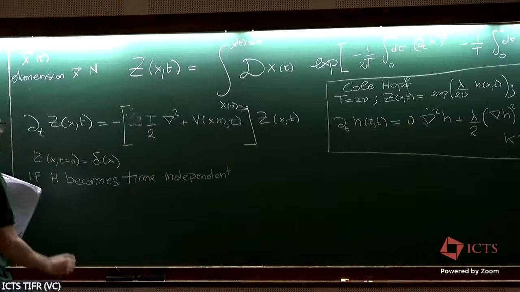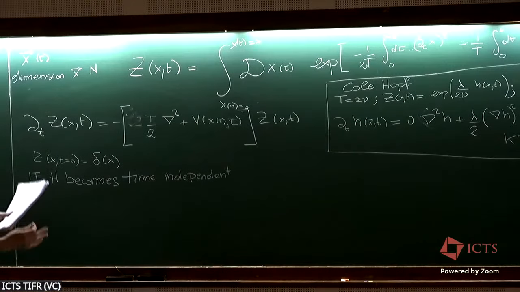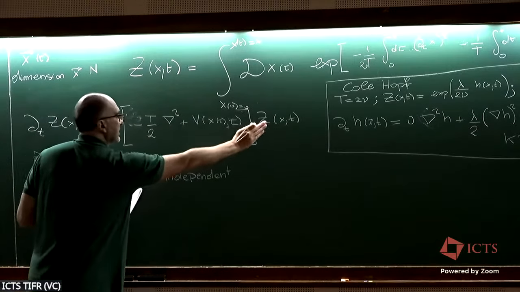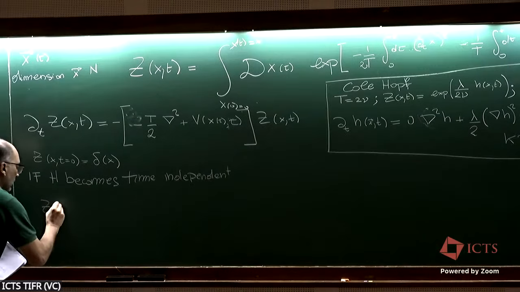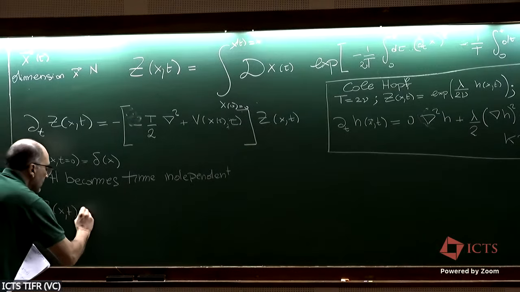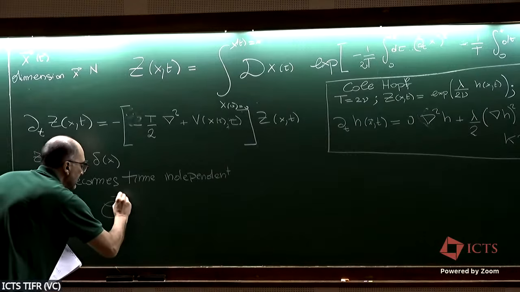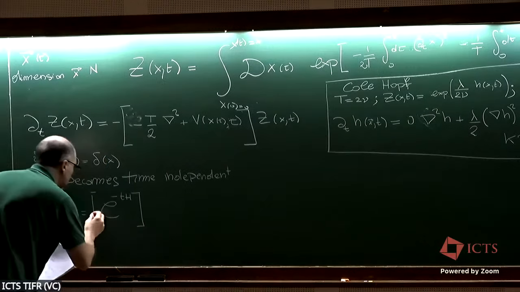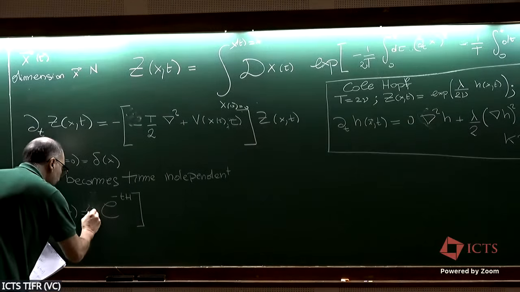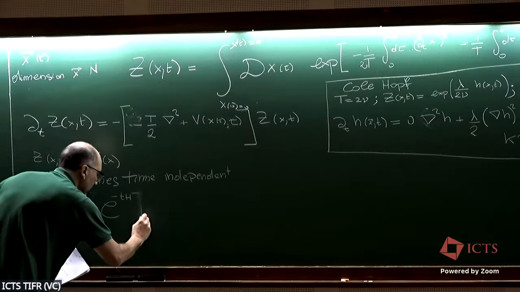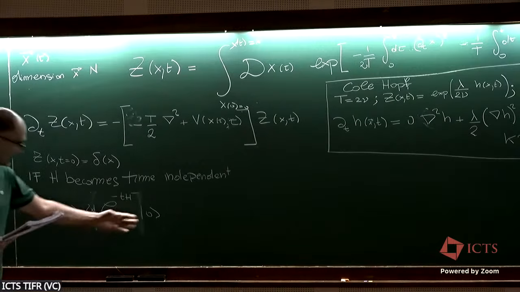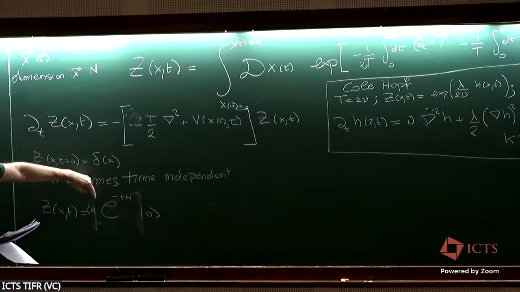then the solution you can write in a spectral form, because this is ∂tZ = -HZ, with H time independent. So Z(x,t) is the exponential of -tH. And then you have to impose the boundary conditions, and I will use what Abhishek did this morning: you start at 0 and end up at x.